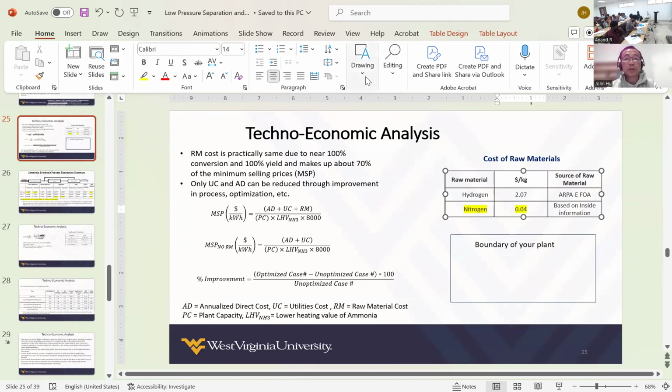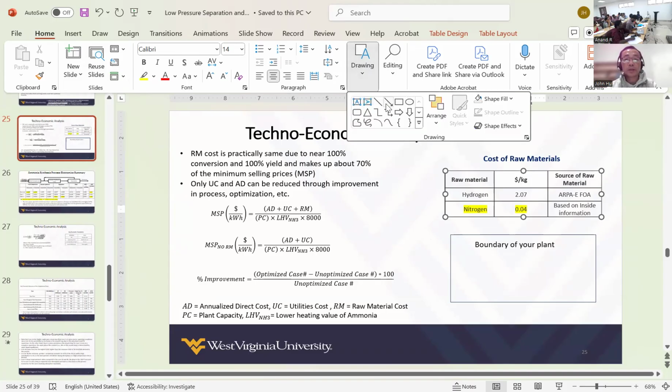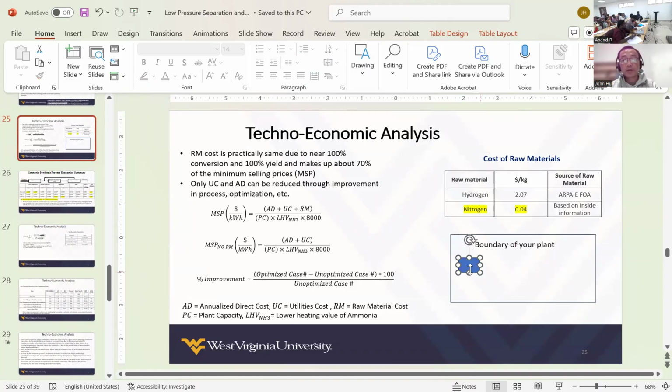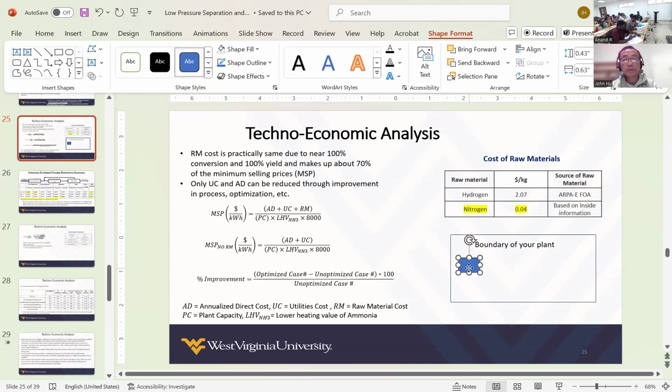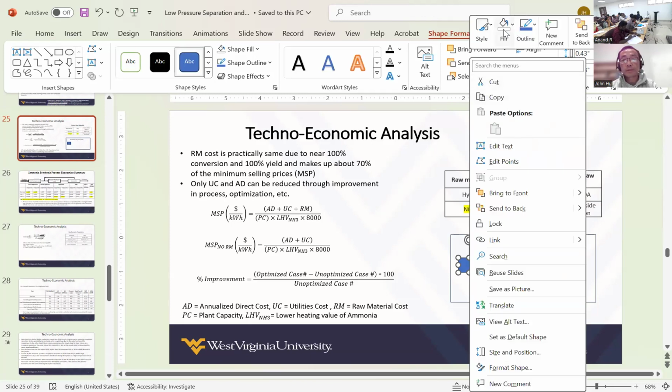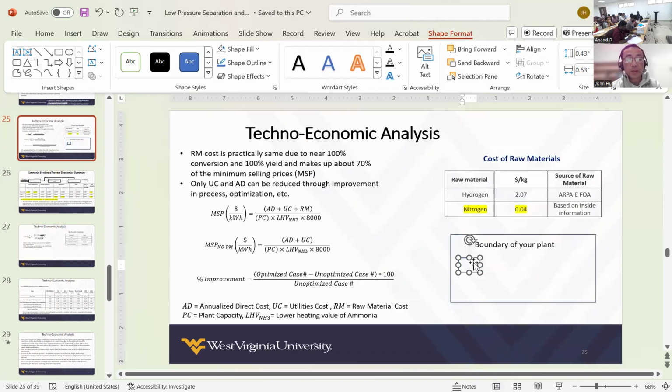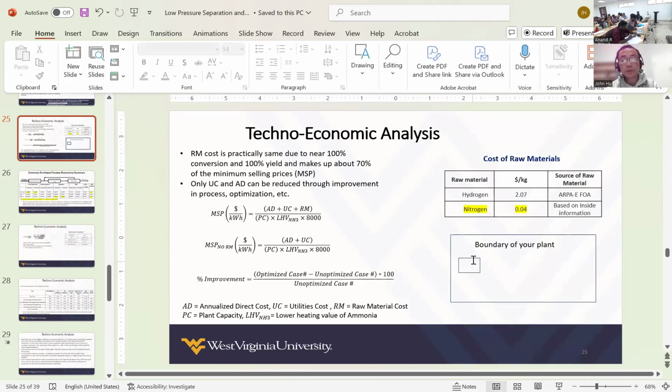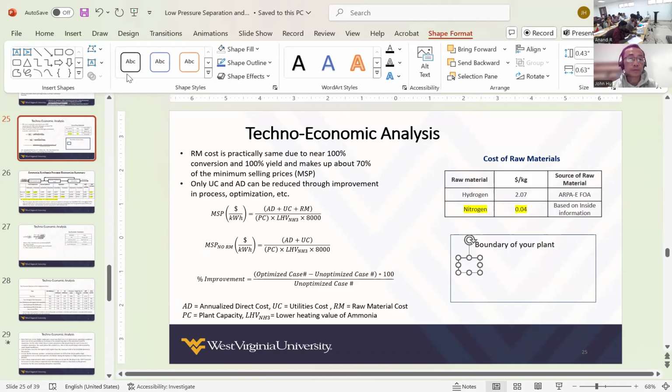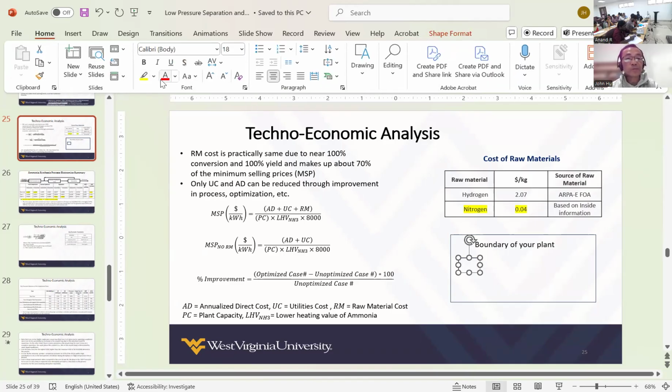So there are two ways you can handle this. One way is called ASU. ASU means air separation unit.